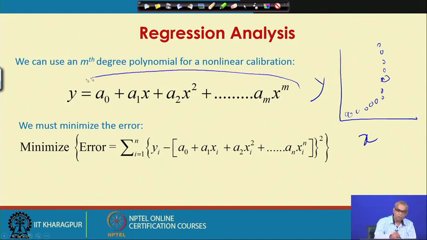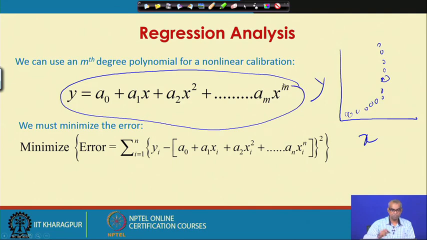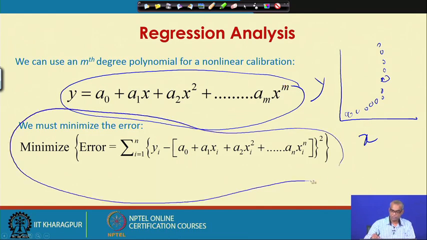So, you can try an mth order polynomial similar to linear regression. In this case also we must minimize this error and again take the derivative of this error with respect to these parameters and set those derivatives equal to 0, and the obtained equations will be solved simultaneously to find out the values of parameters.